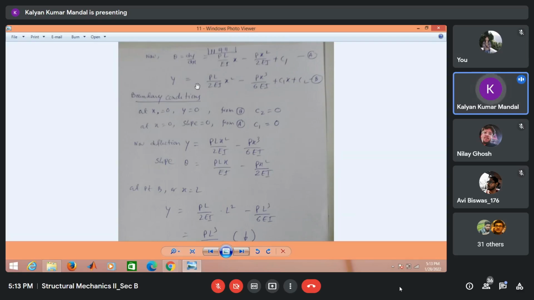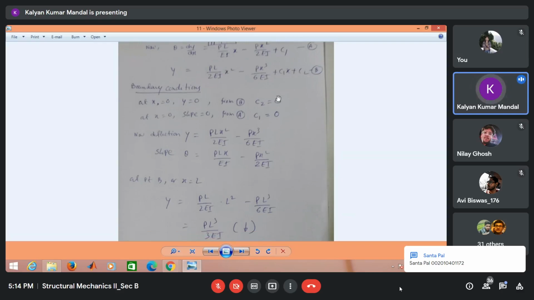And y is equal to PL divided by 2EI x squared minus Px cubed divided by 6EI plus C1x plus C2. We have to find the values of C1 and C2, these integration constants, from the boundary conditions. The first boundary condition: at x equal to 0, y is equal to 0 because we have a fixed support here.